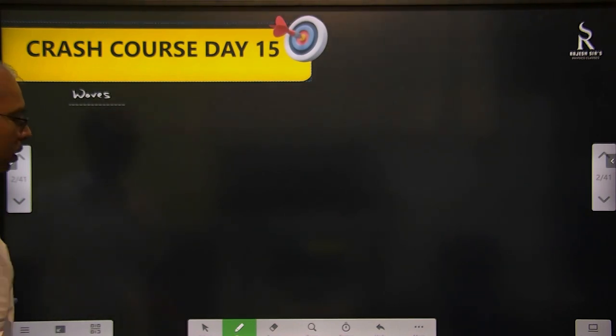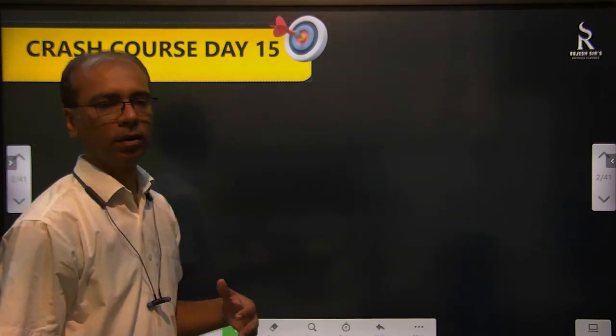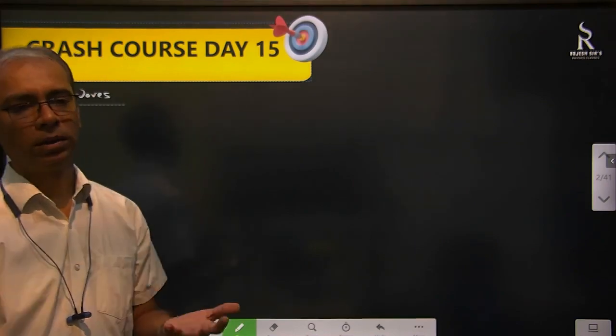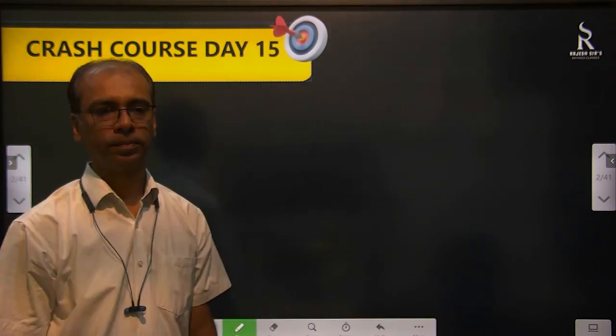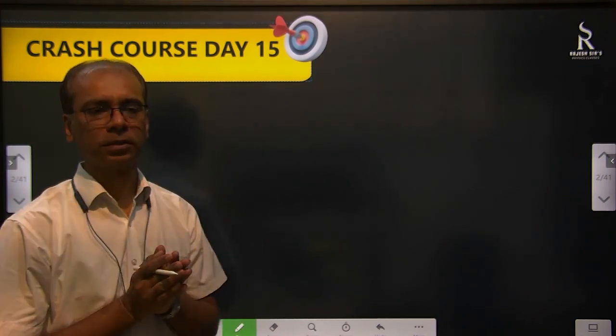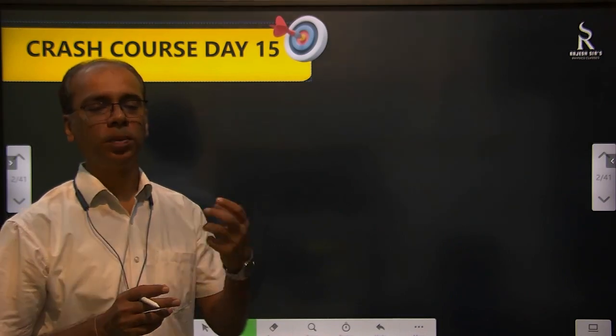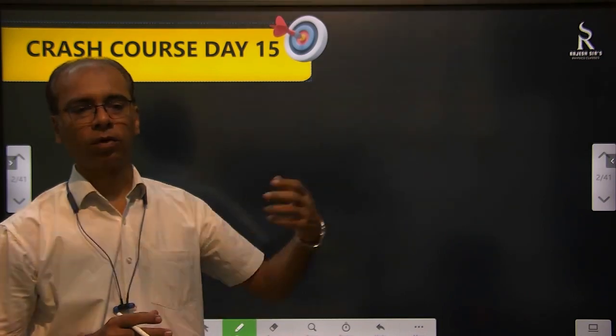Okay. So waves mean a disturbance in a medium, created by a source, which carries energy and momentum with it. A source creates a disturbance, and with the property of that medium, that energy is carried forward.